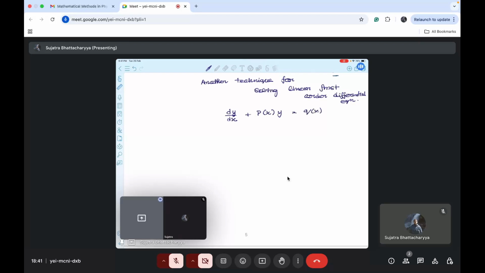In no way can you, maybe you can, but most of the times you might not convert this into a functional form of P(x) divided by Q(y), what we have seen in the earlier case, right?